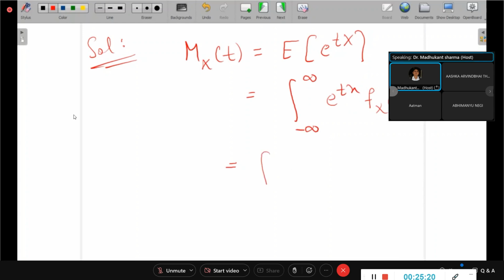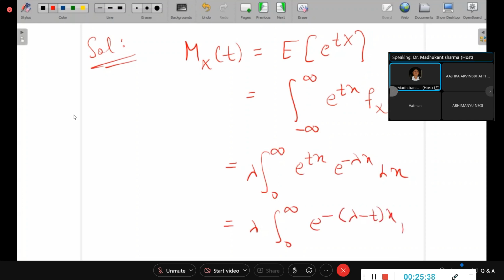So this equals the integral from 0 to infinity of e to the power tx times lambda times e to the power minus lambda x dx. This equals lambda times the integral from 0 to infinity of e to the power minus (lambda minus t) x dx.